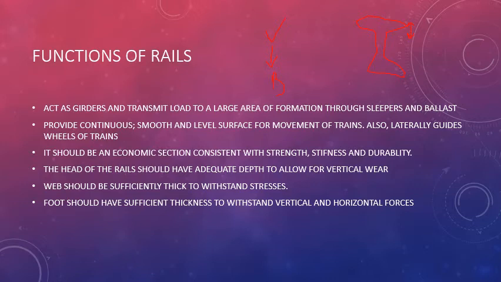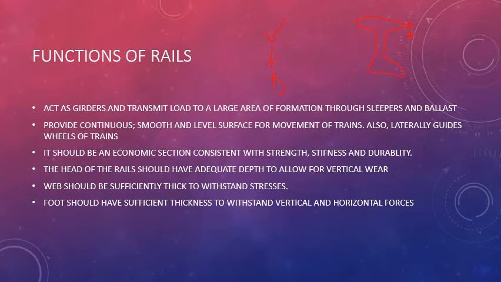The web should be sufficiently thick to withstand the stresses. The stresses are more at the web portion, so we should provide enough thickness for the web. And the foot should have sufficient thickness to withstand vertical and horizontal forces. These are the main things that should be considered while selecting a proper rail I section.